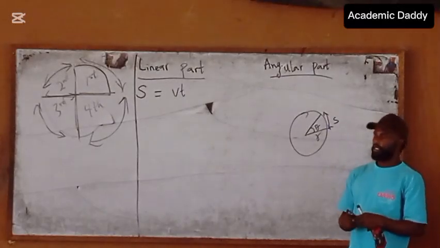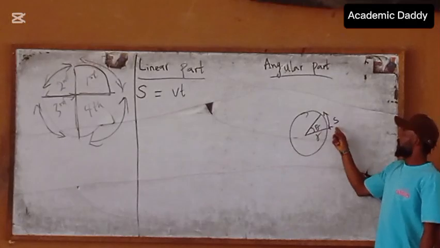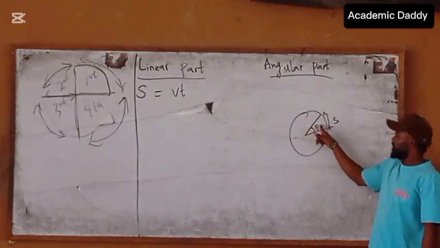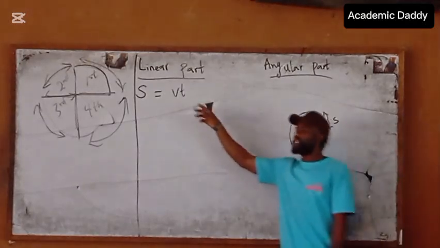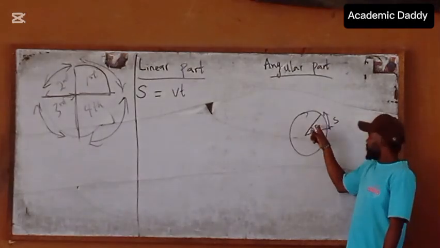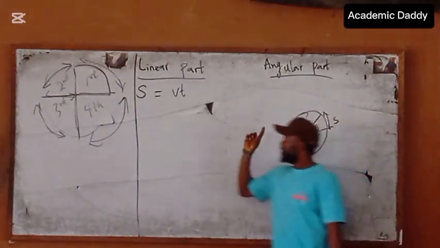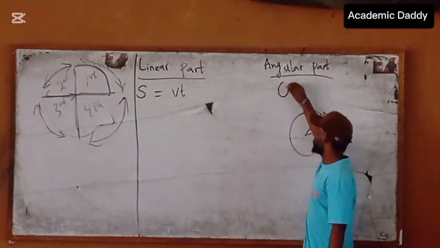Now this angle here, for you to be able to put together this distance, it will be equal to this theta, this angle. So what we call displacement in linear motion, for circular motion, we don't call it S, we call it theta. Are you seeing it? So since we know that for kinematics, displacement is S, for circular motion, displacement is theta.